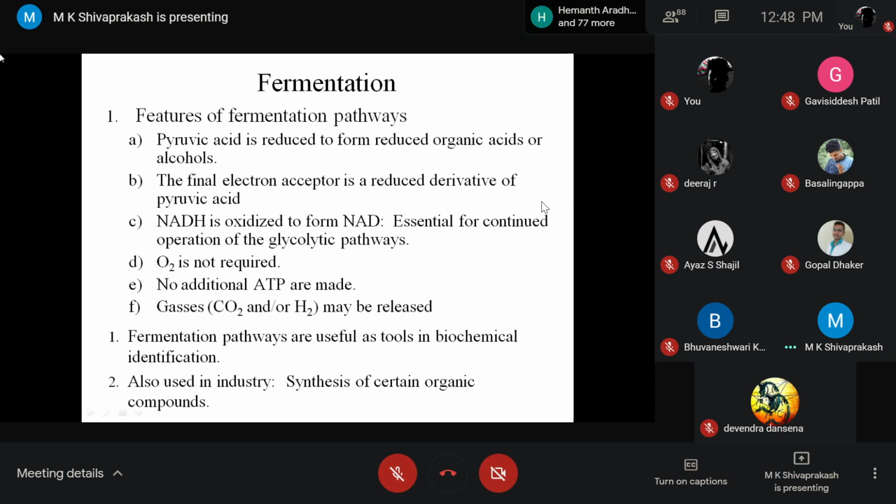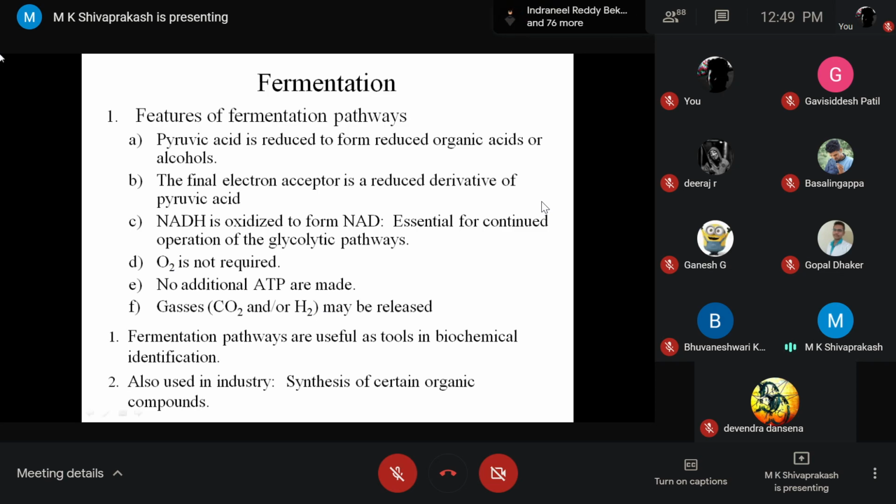Otherwise, if no NAD is available, the glycolytic pathway can't continue. So there should be a continued supply of NAD. That's why the NADH is reoxidized to NAD.